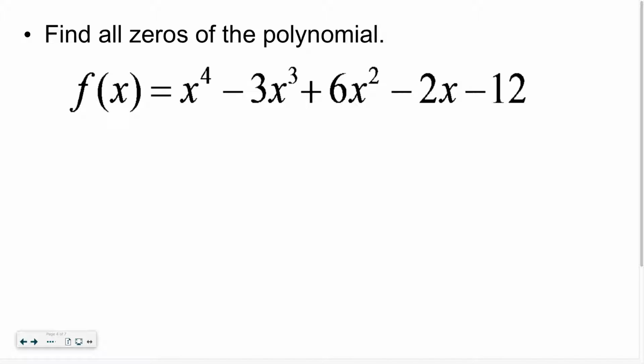You got a plus or minus at the front of your list? Without it, you're missing half the possible zeros. I simplify it. They're just 1, 2, 3, 4. Okay, what else should we try? Negative 2? Yeah. Negative 2. See, those two ones don't work.